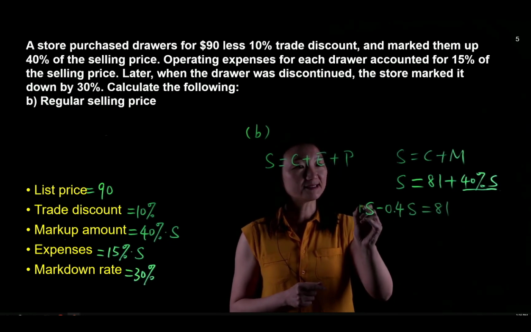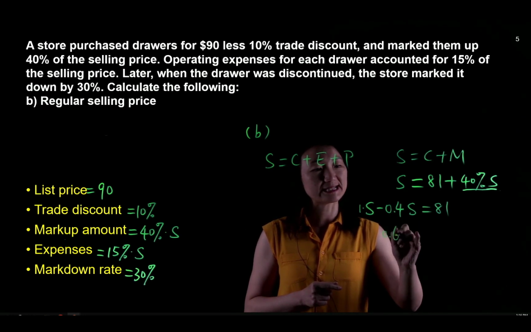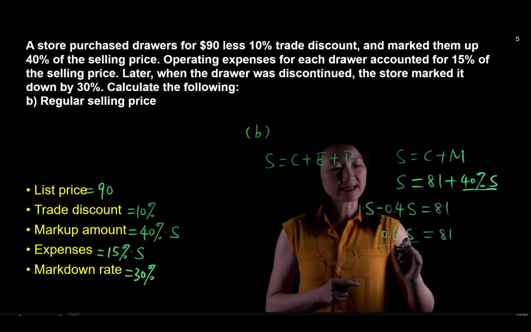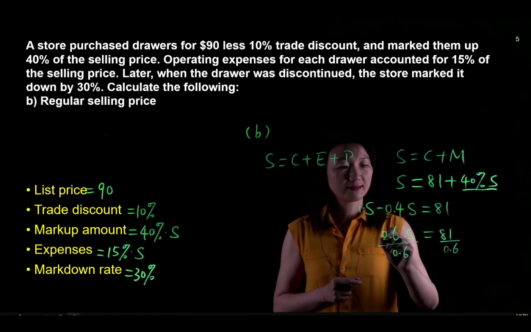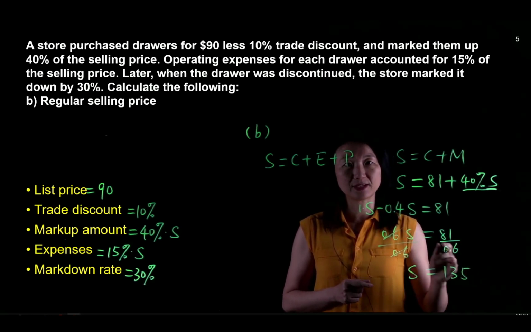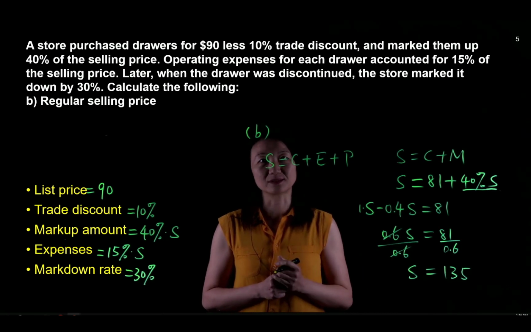So 1S subtract 0.4S gives us 0.6S. That's 81. Both sides divide by 0.6. S equals $135. And that is the regular selling price for the drawers.